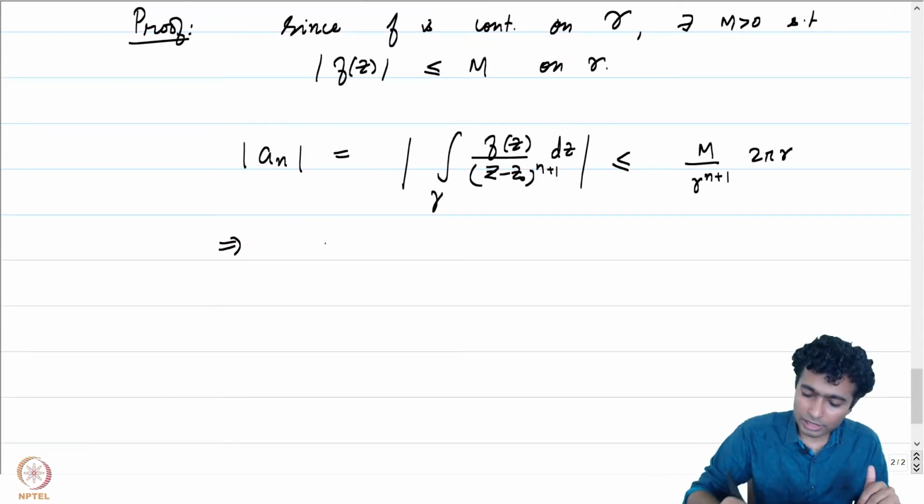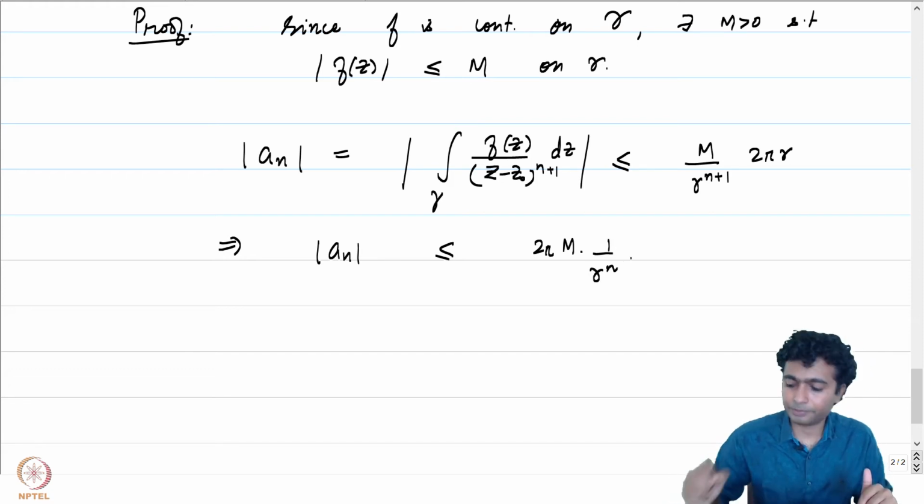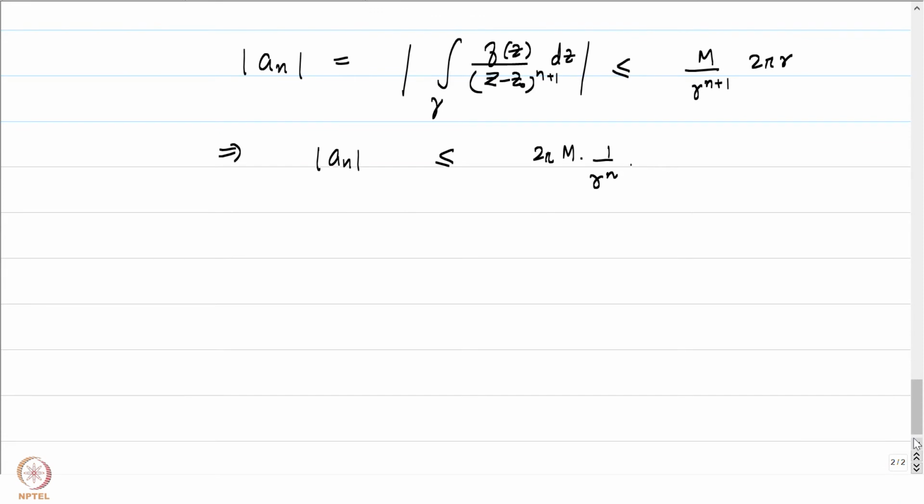And this tells us that the absolute value of a_n is less than or equal to 2πM into 1 by r to the power n. So this tells us that the limit of |a_n| to the power minus 1 by n is at least r.